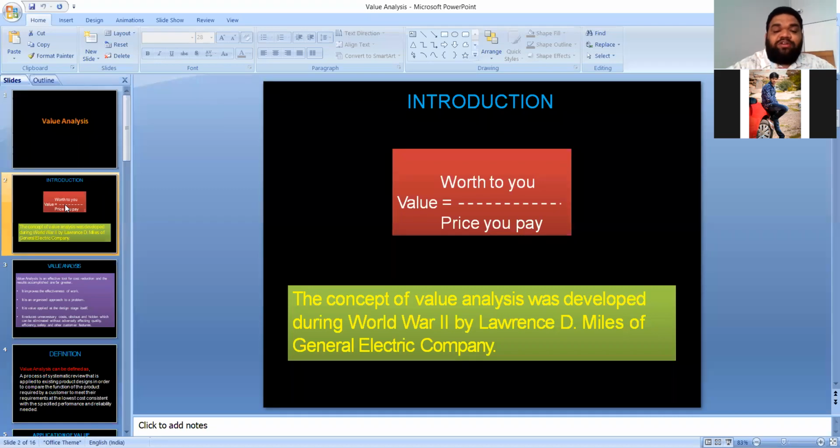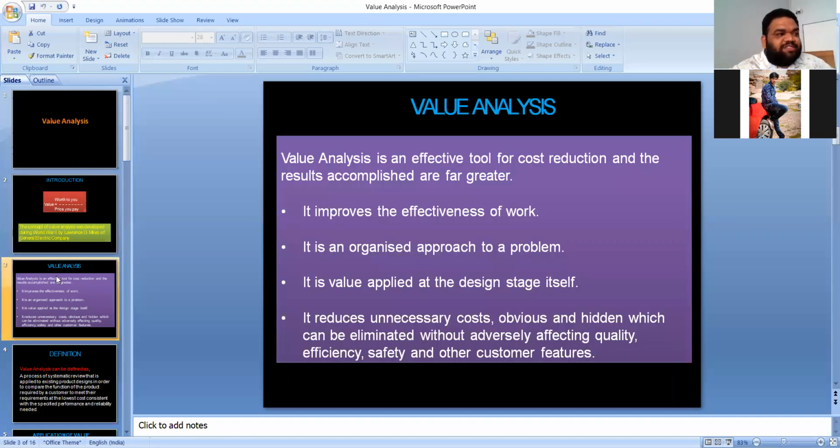Now let us see what this value analysis is. Value analysis is an effective tool for cost reduction, and the results accomplished are far greater.